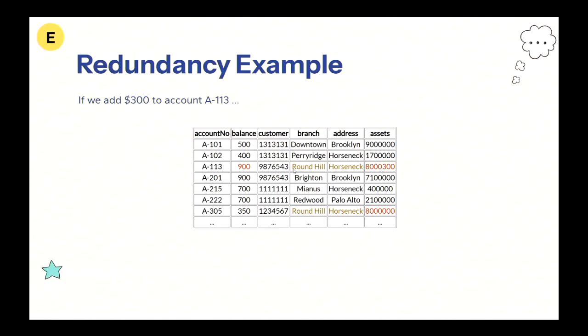However, since we have redundancies here, this Round Hill branch for A113 is not the only appearance of this branch here. So we have another appearance for this branch in our last row.